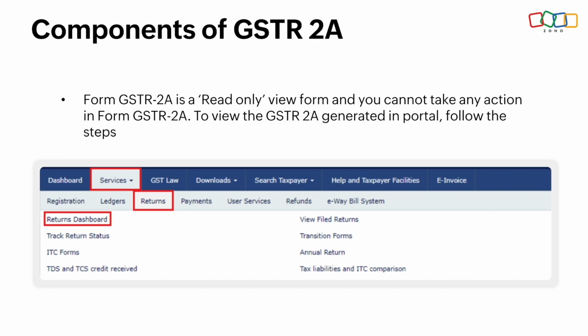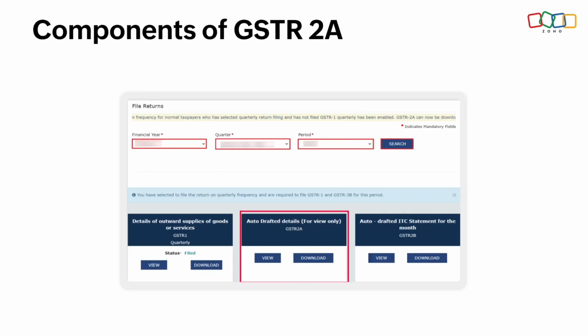If you would like to view these returns in the GST portal, all you have to do is log into the GST portal, click on Returns under the Services dropdown, and then hit the Returns dashboard. You can select the required financial year, the month or quarter for which you wish to view, and hit Search. Now, all the GSTR returns will be listed. There, you will be able to find the auto-drafted details of GSTR-2A, and it is only for a view purpose.